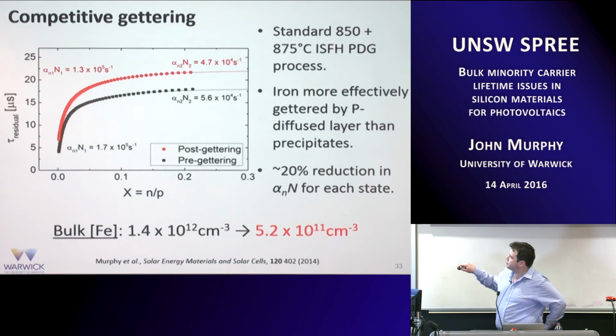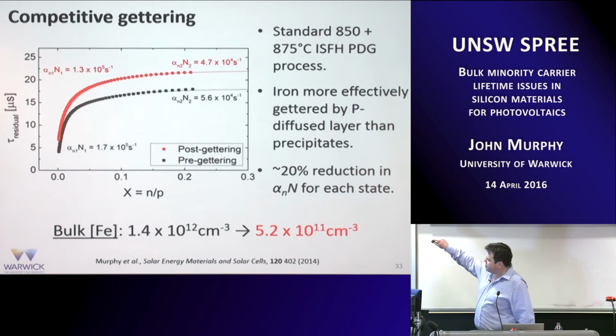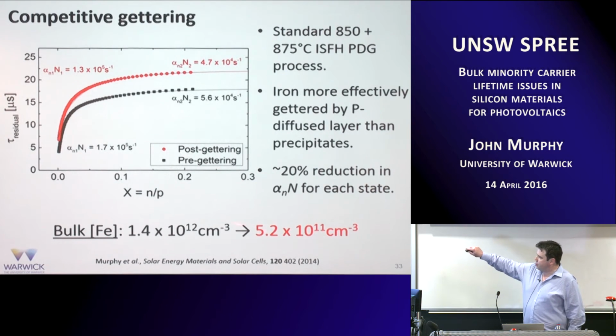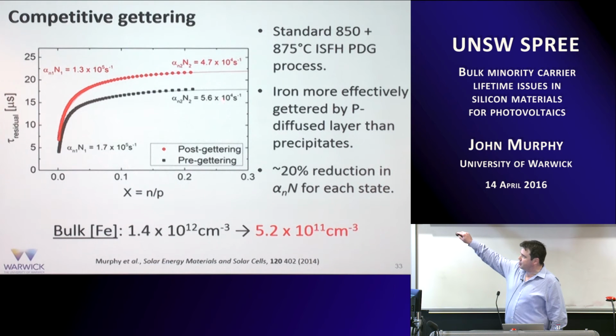And this is the first experiment we did. We did the gettering at ISFH, but we took this black curve, which is pre-gettering, we phosphorus diffusion gettered it, and we monitored the lifetime, and we also monitored the bulk iron concentration. And this is the interesting result down here, the bulk iron concentration. What we find is that the bulk iron concentration goes down during the phosphorus diffusion gettering, but the density of recombination centres goes down as well.